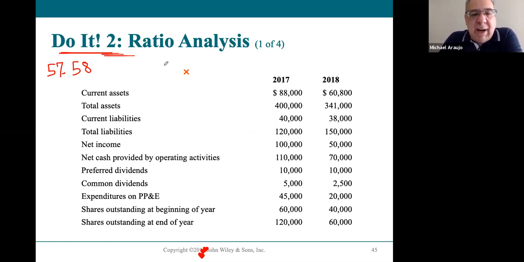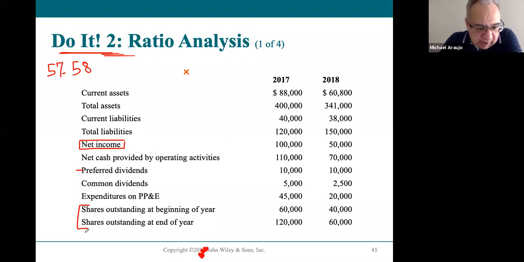So again, profitability ratios: we take the earnings per share that we learned about. We take the net income, we subtract out preferred dividends, and we divide that by the average number of shares. There's a long list of numbers here, but those are the numbers we would need to calculate our profitability ratio, called the earnings per share ratio.